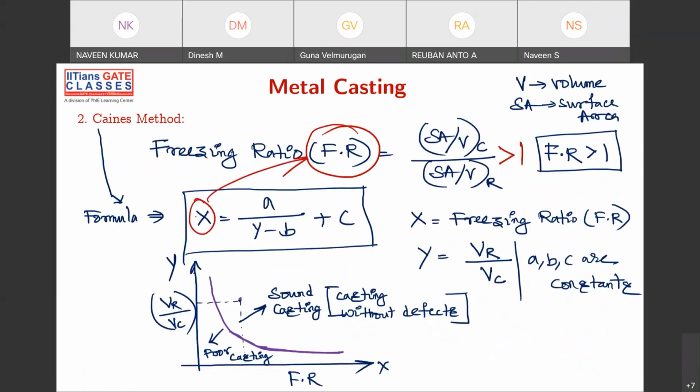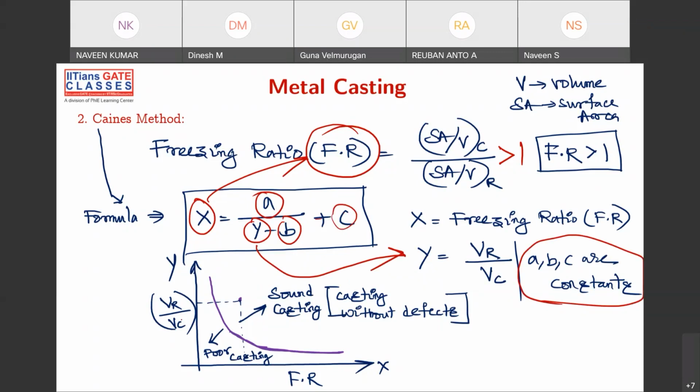Freezing ratio is equal to a by (y minus b) plus c, where y is the volume of the riser divided by the volume of the casting. This a, b, c are some constants. They depend upon the material, whatever it is.